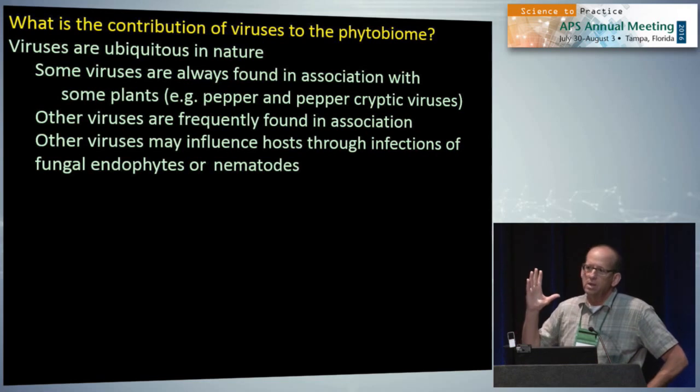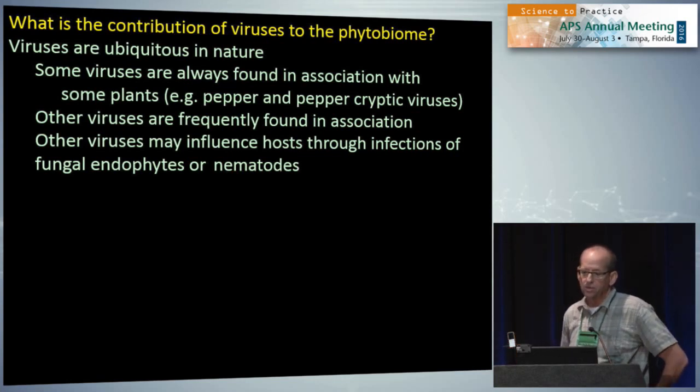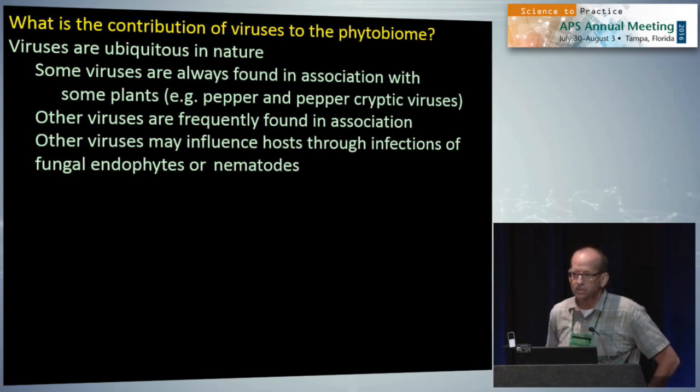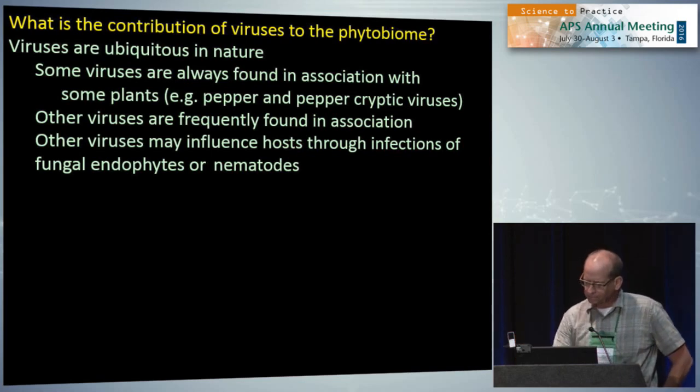And so when you consider the phytobiome, the contribution of other organisms, should you consider that without barley yellow dwarf or with or both? And then secondly, other viruses may influence the host through infections with fungal endophytes or nematodes. So you have all these different categories as well as bacteriophages.